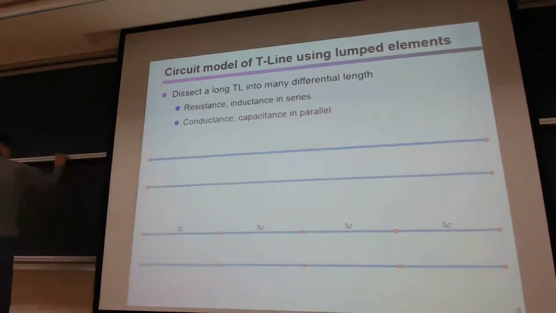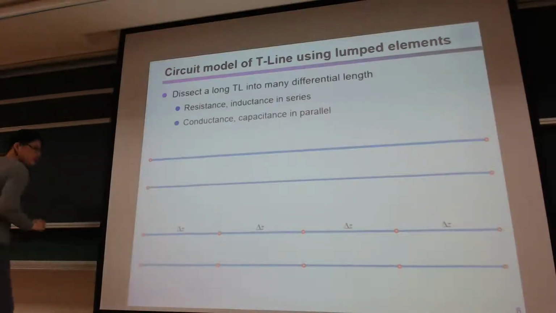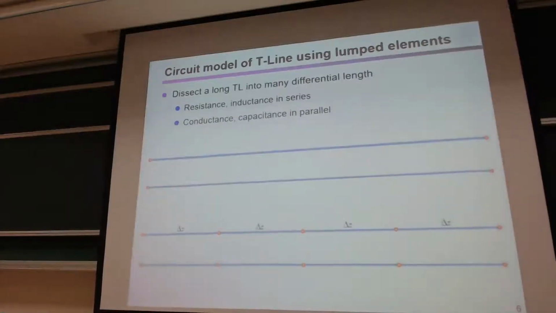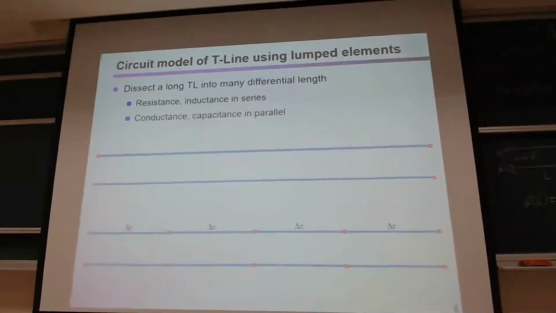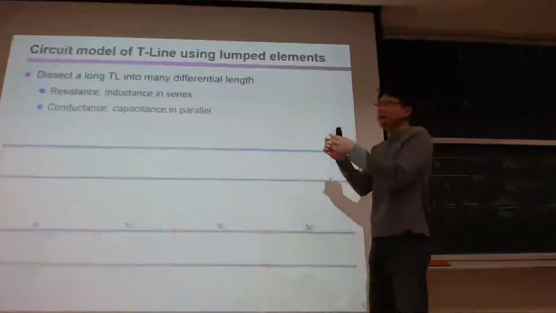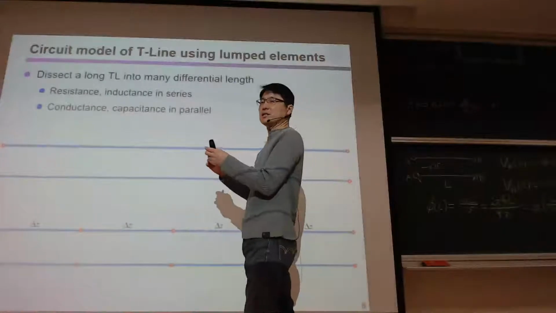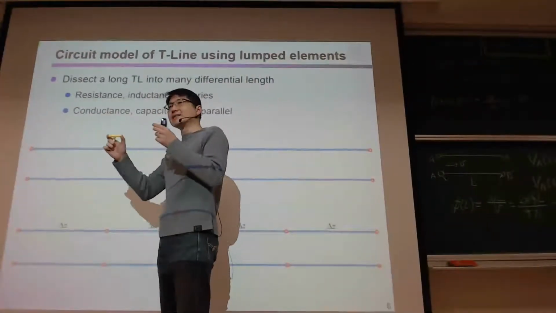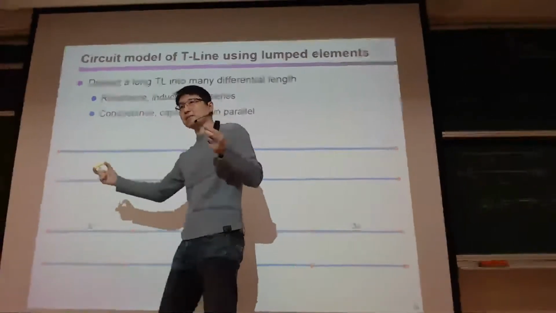So the idea is a very long transmission line is equivalent to a lot of shorter transmission lines, concatenated, connected.